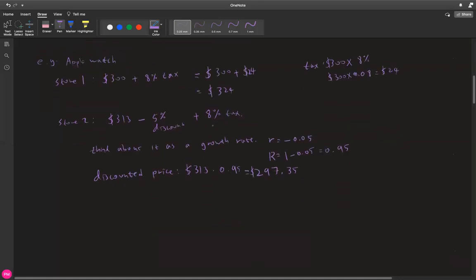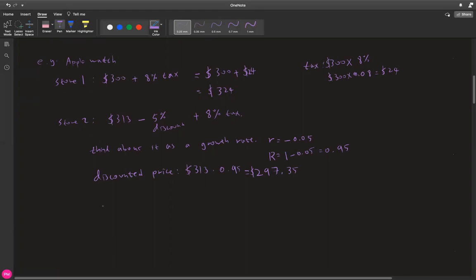So what about after the tax? In the first store, we calculated the tax separately by simply multiplying the percentage to the original value. But now let's do it the similar way as the growth rate.